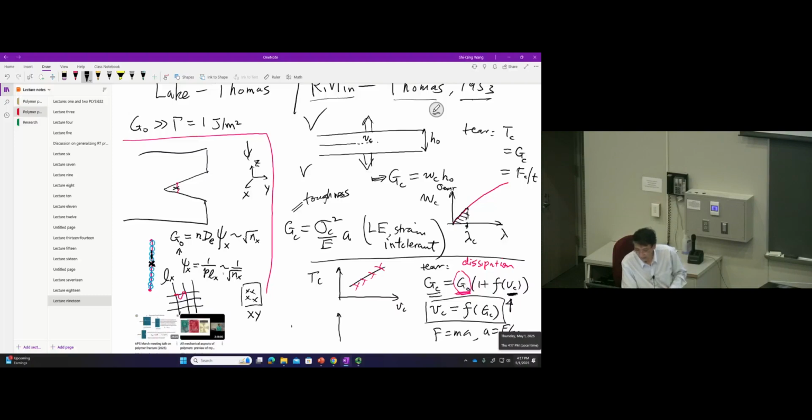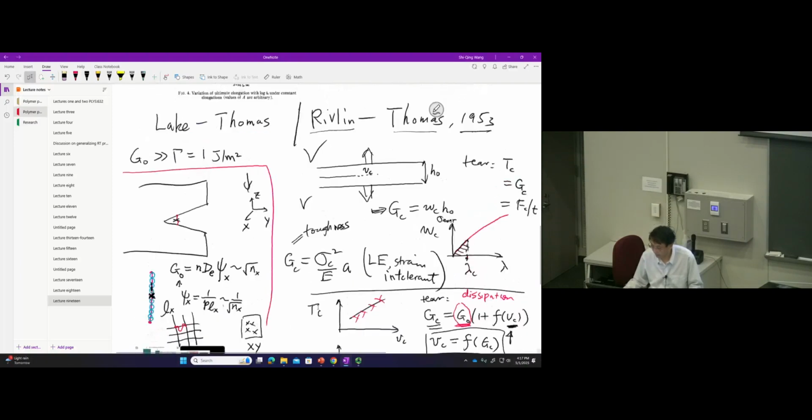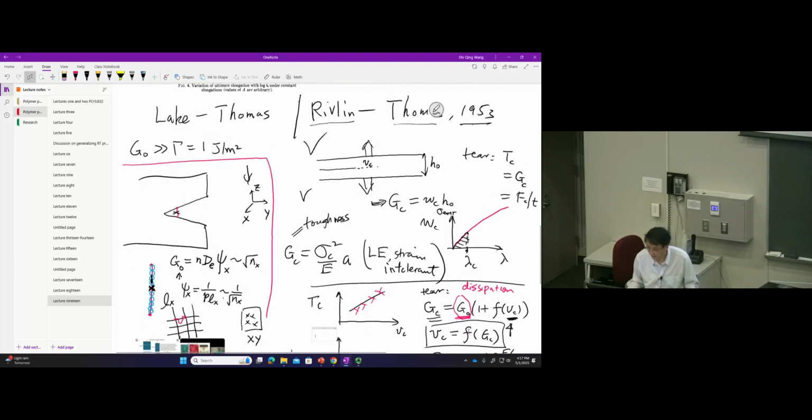So for the remaining time, I'm going to switch gears and discuss whether such a molecular model, in fact, to make sure we understand it, this Lake-Thomas model is really a monolayer model.